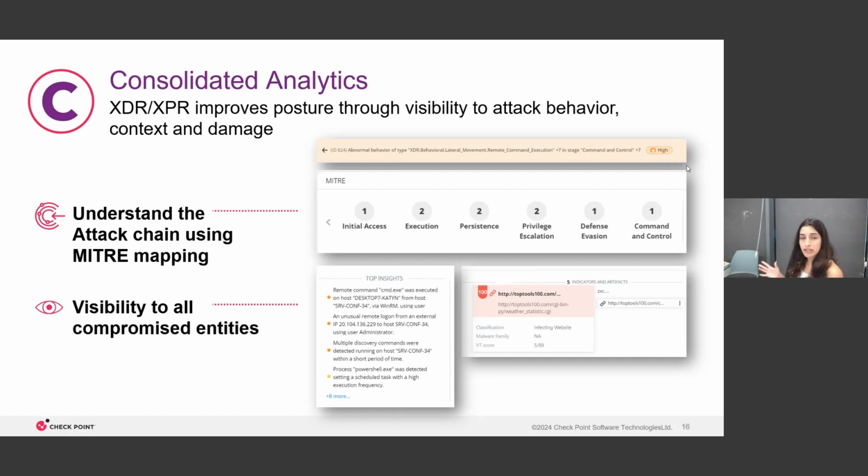The XDR XPR is really making sure that once we are offering automatic response and allowing users to sit back and relax while we do everything for them automatically, we also provide information that gives clarity about the attack itself, all the assets that were involved, indicators that were detected, and the mapping to MITRE techniques to give you a better understanding of the techniques that were involved.